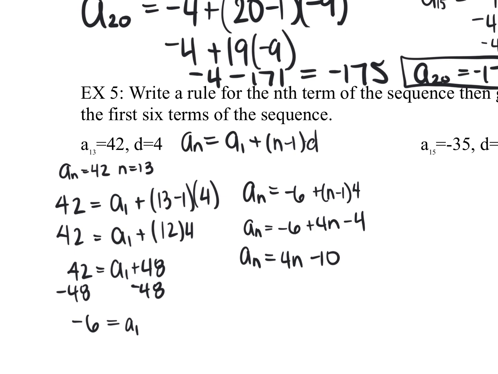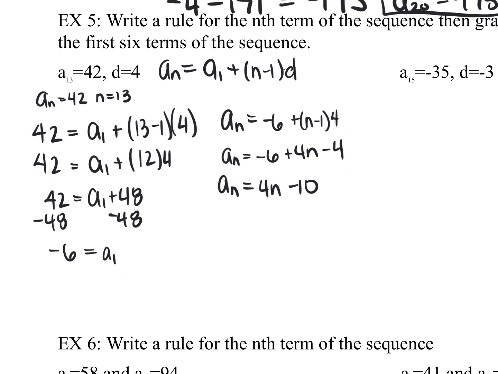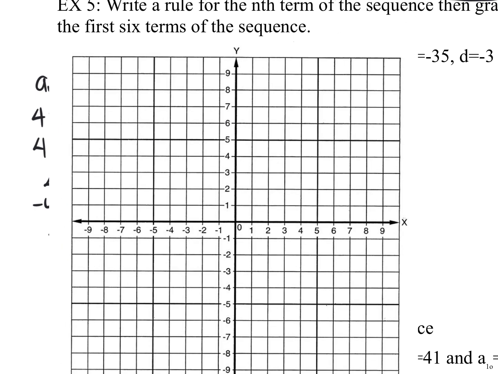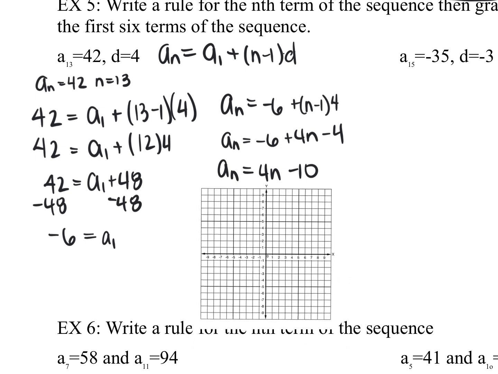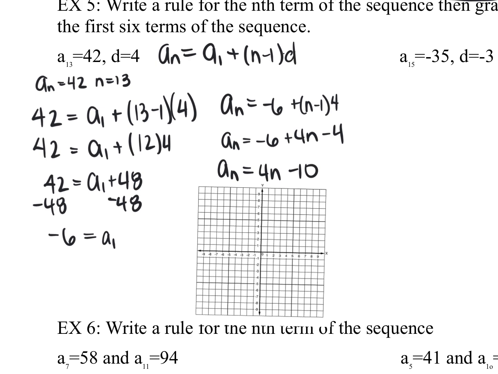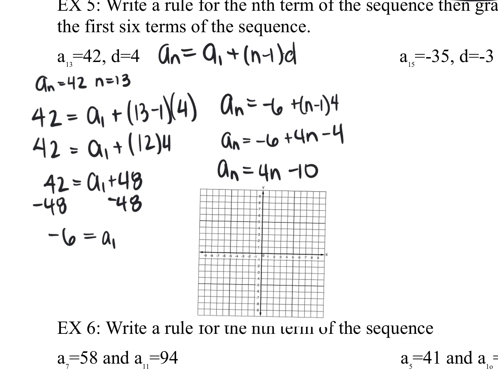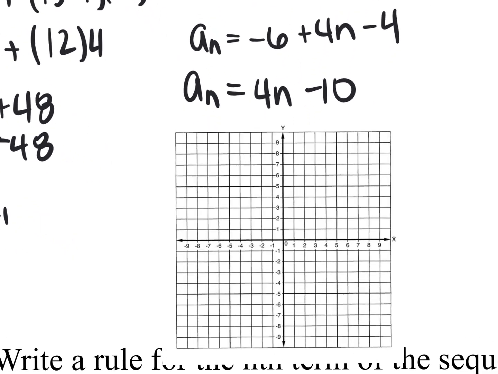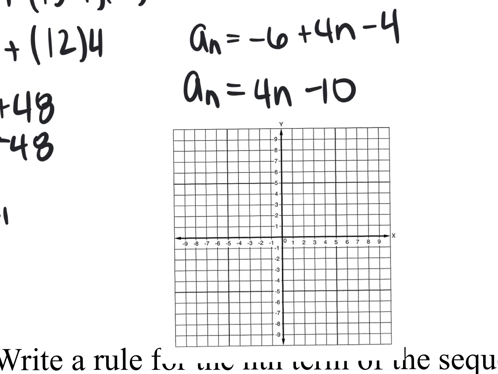Then it says to graph the first 6 terms of the sequence. So my graph will only have positive x values, and I won't be connecting the dots. This is like graphing a linear equation. If I plug in 0, what do I get? -10.